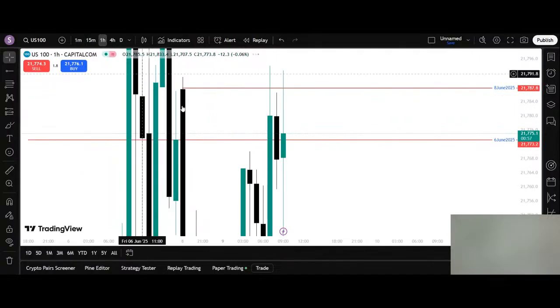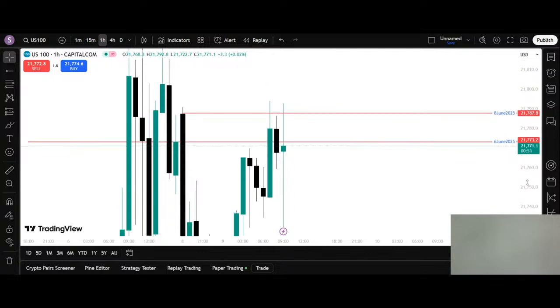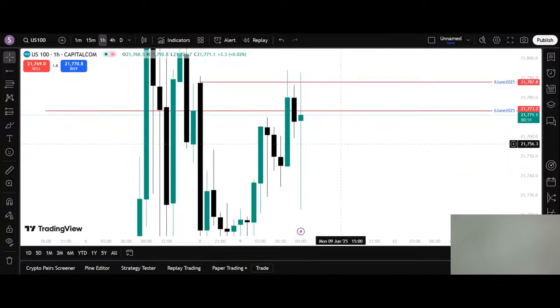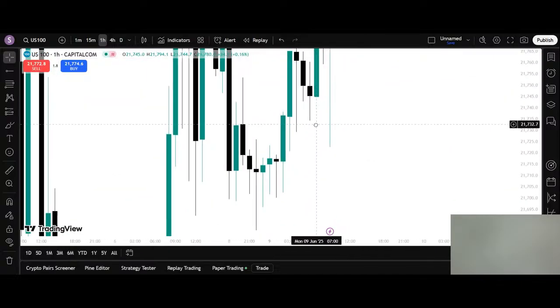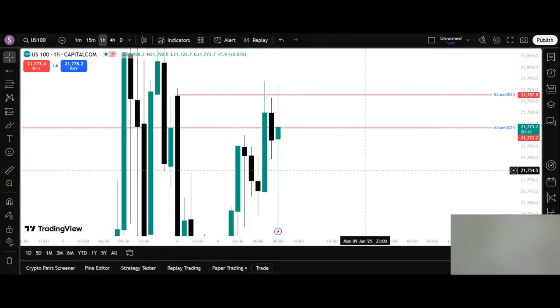I'm just waiting for the 1 hour and 4 hour candle close to determine our bias. I generally look at price action to see where the next candle is going to close. This is the 1 hour time frame, only 40 seconds left. We're just gonna wait for it.